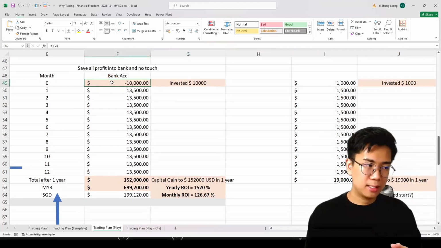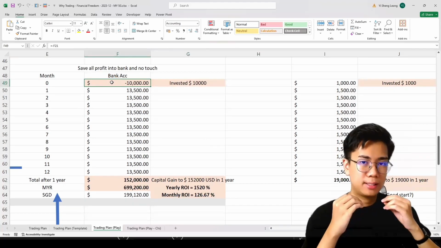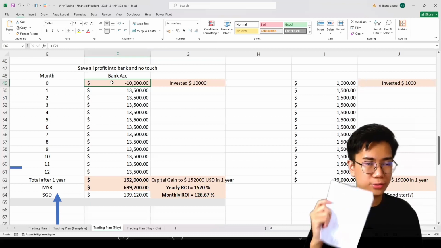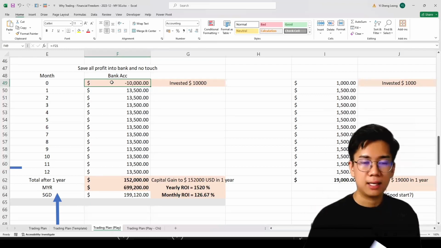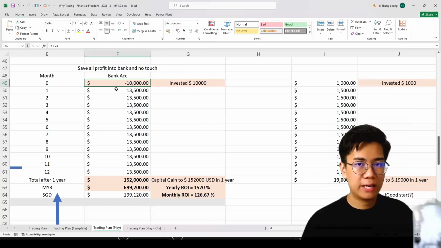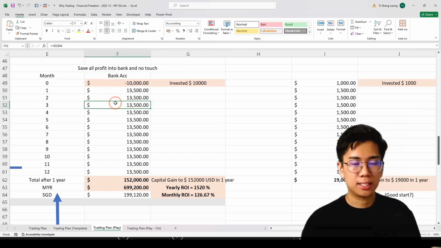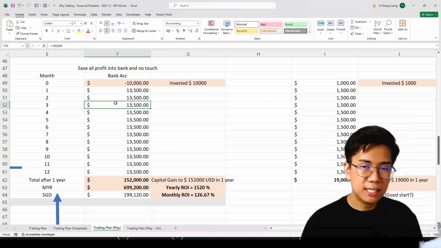Your first month, you'll spend around 10,000 to fight for this contract, and this contract gives you 1 million to trade. With this 1 million, every month, 13,000 or so, you save into a bank account. Don't spend it.